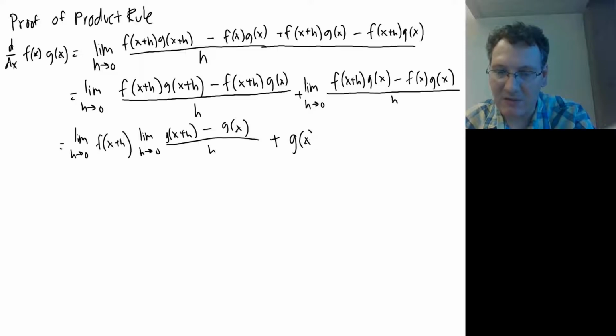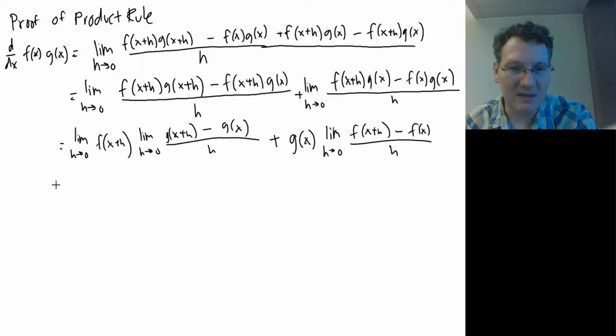There's no h's involved, so I don't have to write it as a limit. g of x, limit as h goes to 0 of f of x plus h minus f of x over h.